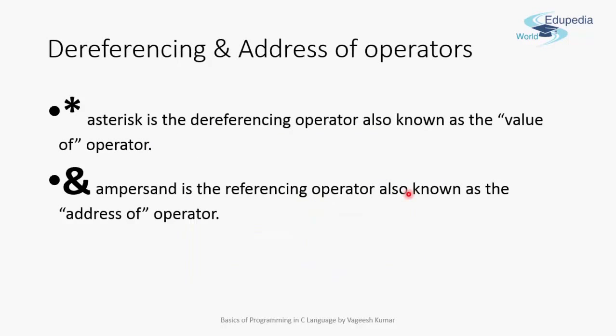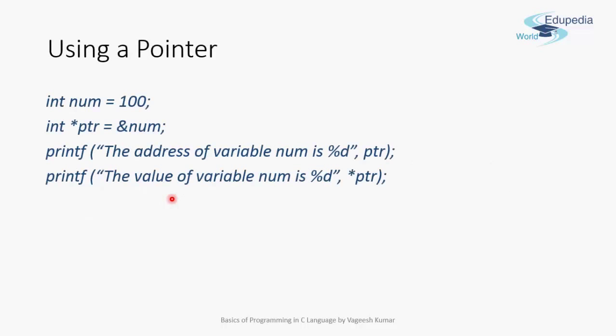Similarly, there is the ampersand operator, which is known as the address-of operator or the referencing operator. This operator is used to know the memory address of a particular variable. We will see how in this short code snippet. int num = 100; this is a simple integer variable which has a value of 100. int *ptr: to declare a pointer, you have to prepend the variable name with an asterisk.